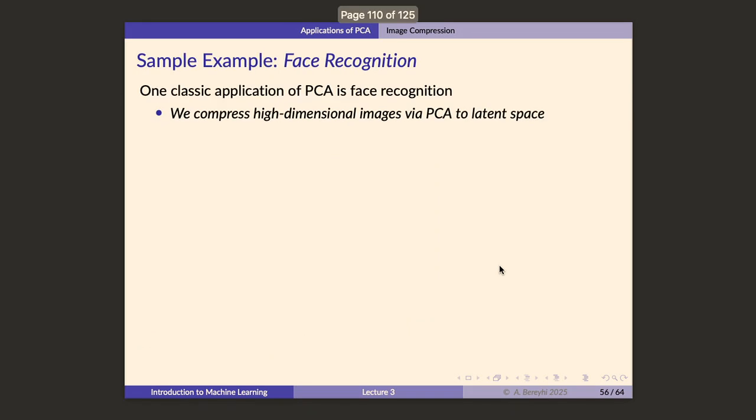So this is one point, but compression is not the only or the major application. One of the major applications that this idea has is face recognition. What is the question of face recognition? You have images of lots of people, and if I show you one new image, you want to tell me whether it is related to anyone inside your data set or not.